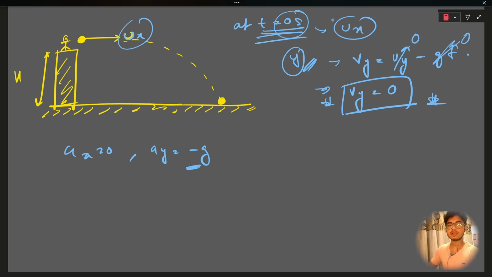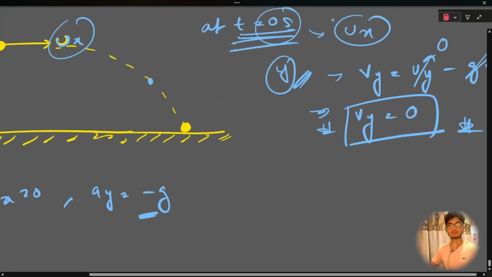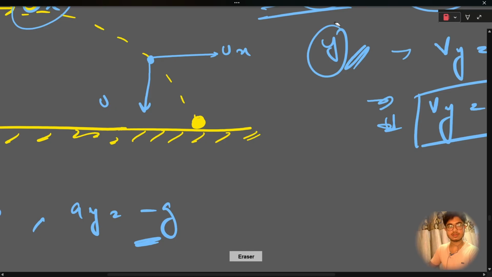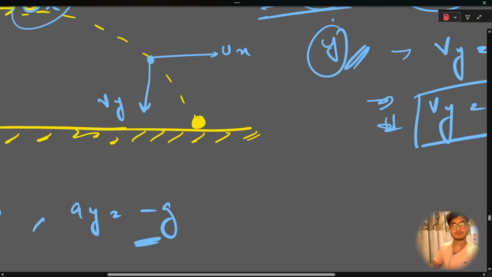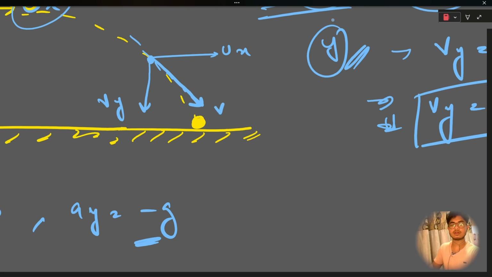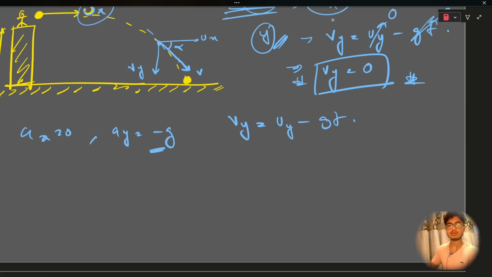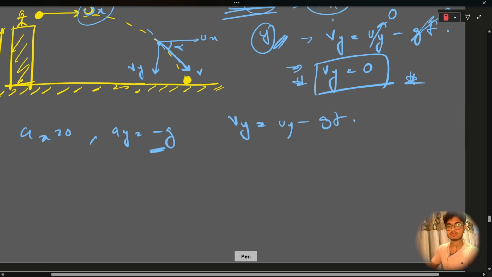So mathematically it's also proven that the initial vertical velocity at time equal to 0 seconds is 0. Now suppose we're talking about a point like this. Let's zoom in here. The Ux will be the same, and because of the g, a vertical velocity will be acquired. And if you draw the tangent to the line, velocity is in this direction with an angle, suppose alpha, with the horizontal. So velocity at any point is literally the same: Uy equal to 0, so Vy equal to minus gt.